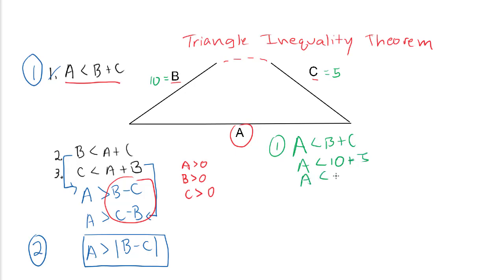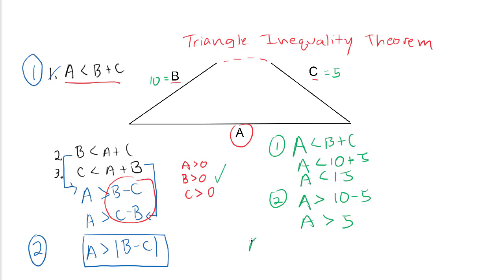A is less than 15. Okay, that's one condition. That's a useful constraint. How about my second condition? A is going to be greater than the positive difference. Well, I know B minus C is the positive difference there. So it's greater than 10 minus 5. A is greater than 5. I have a condition that's more constraining than saying length is greater than 0.